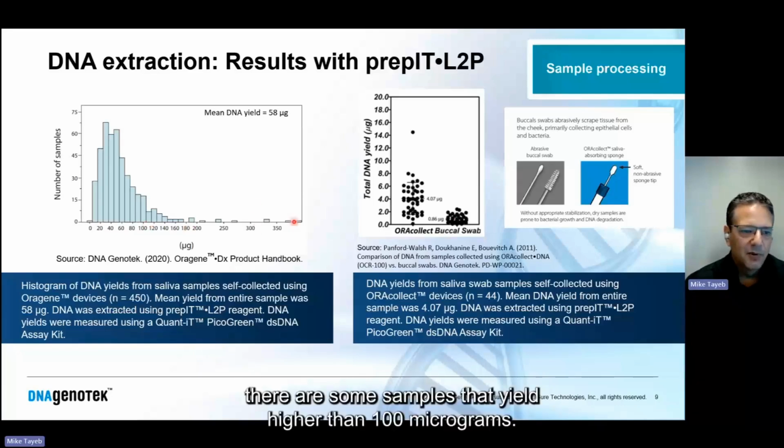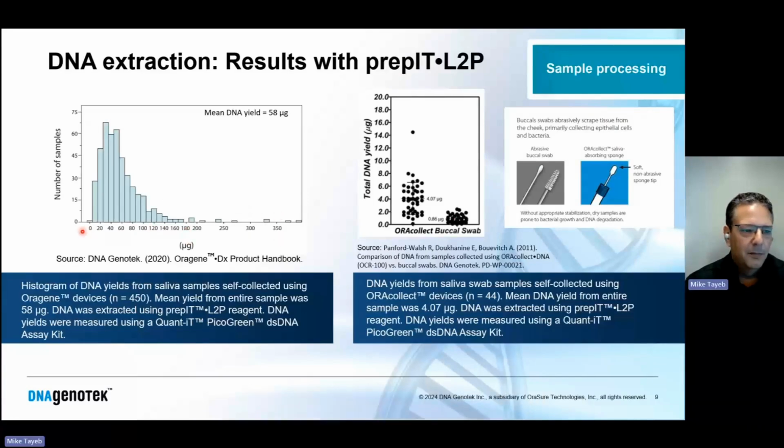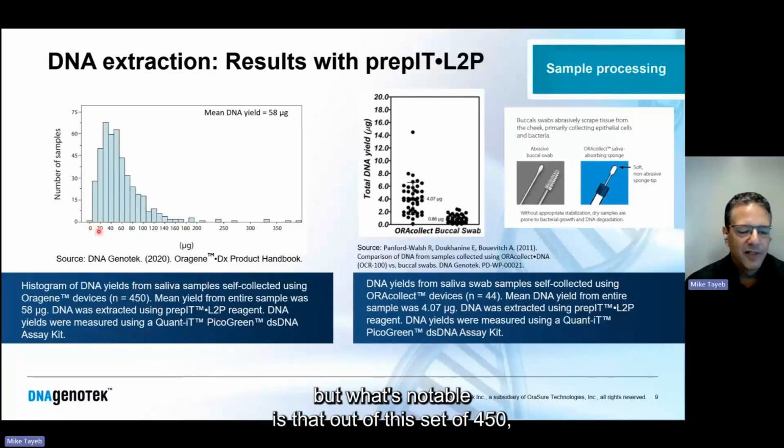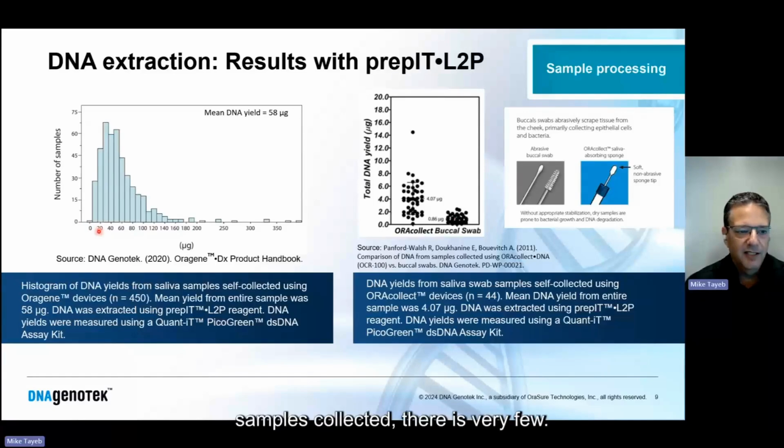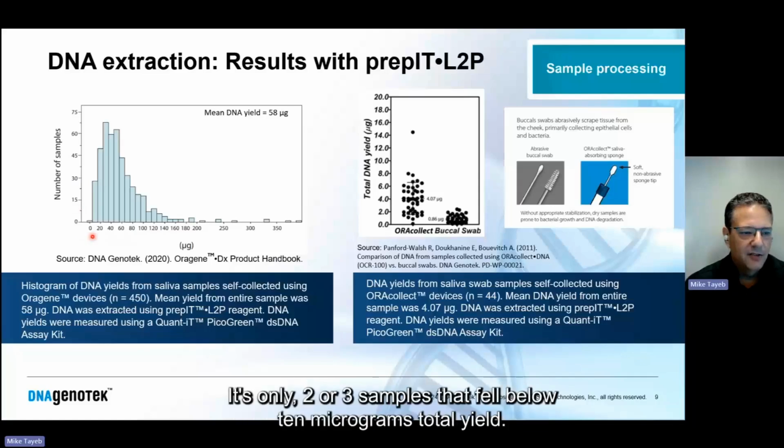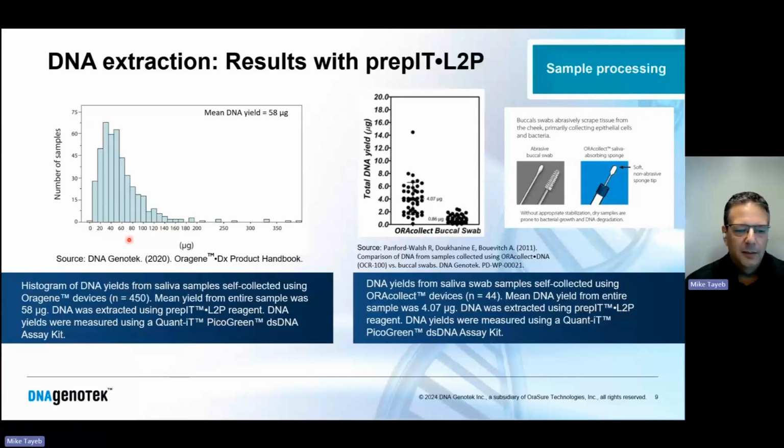There are some samples that yield higher than 100 micrograms, but what's notable is that out of this set of 450 samples collected, there is very few. It's only 2 or 3 samples that fell below 10 micrograms total yield. So very high yielding extraction method.